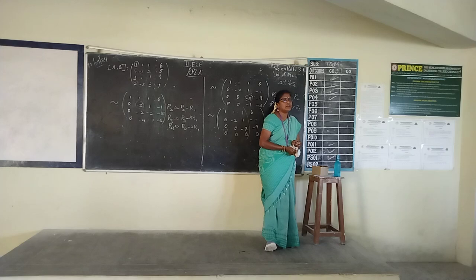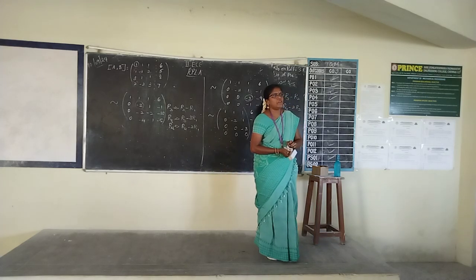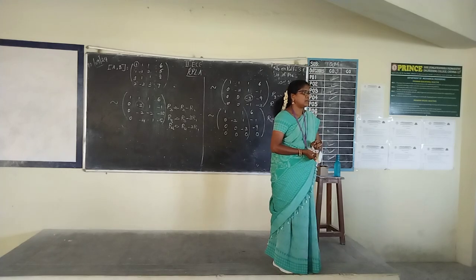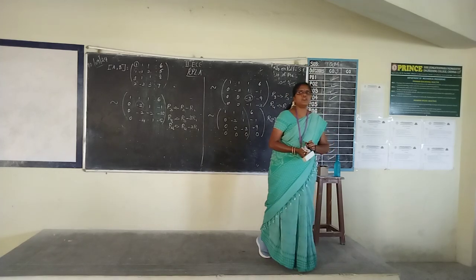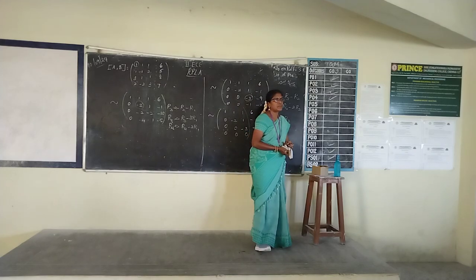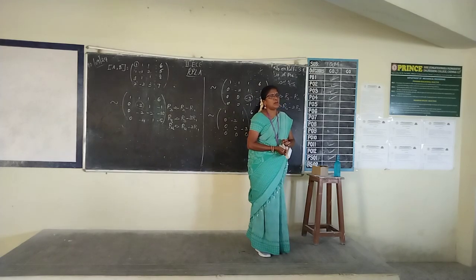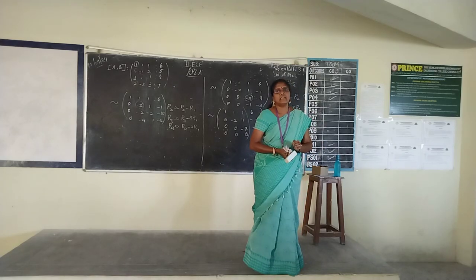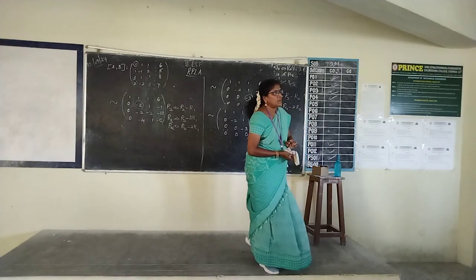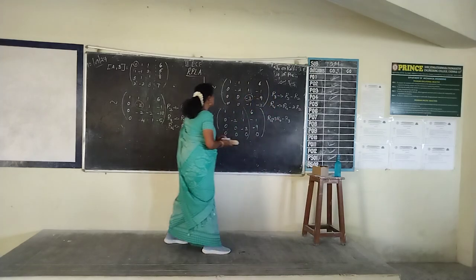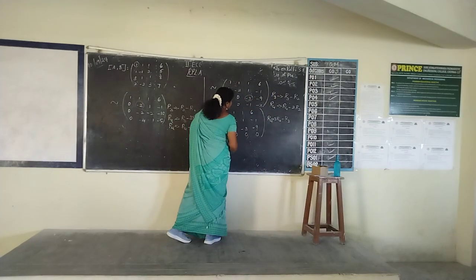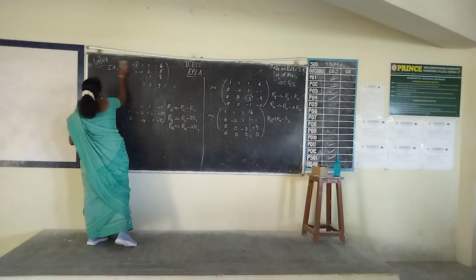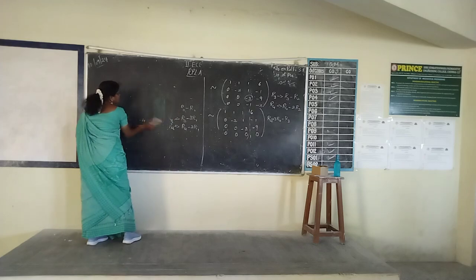Here, rank of A equals rank of AB, which is equal to the number of unknowns. Hence, the system is consistent and has a unique solution.